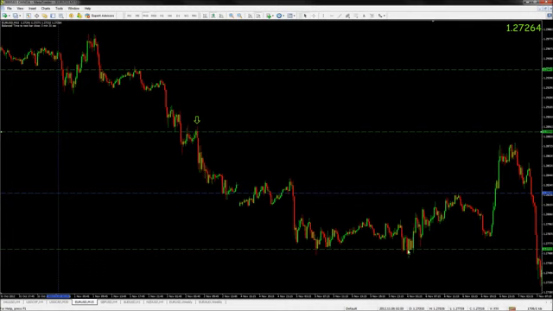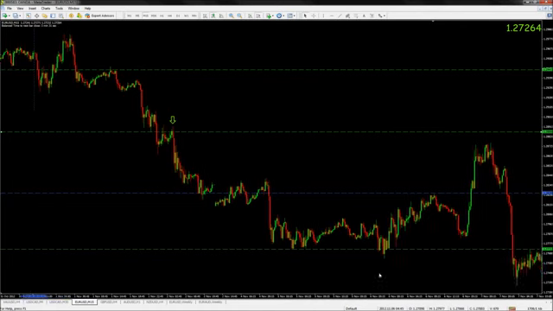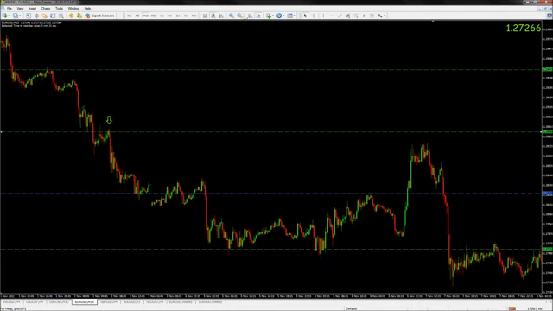Then the market comes around, comes back down, and we see a couple more pins, and we get a bullish engulfing here. Okay, nice bullish engulfing bar here, and there's quite a few nice candles here, but this one's the one to watch because it's bigger than all the others, and it pushed the market up to the next.